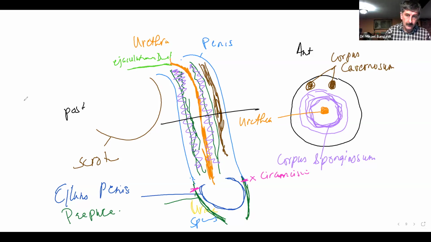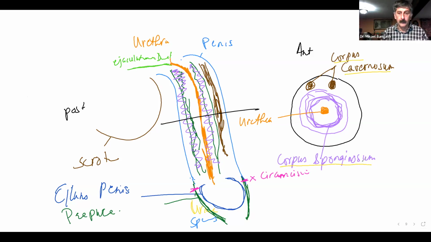Now, what are the corpus cavernosum and the corpus spongiosum?